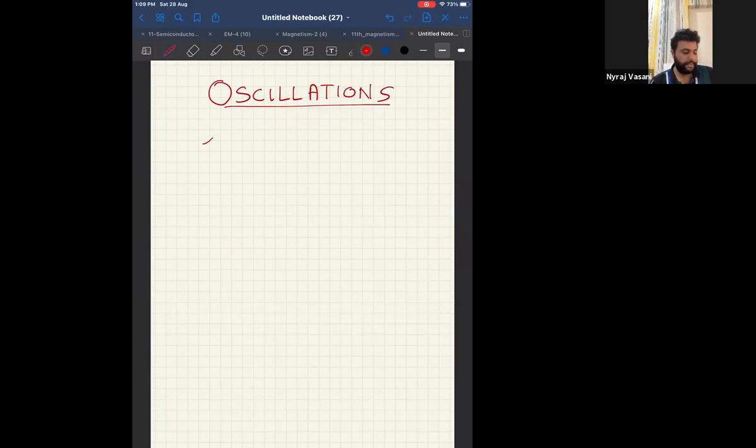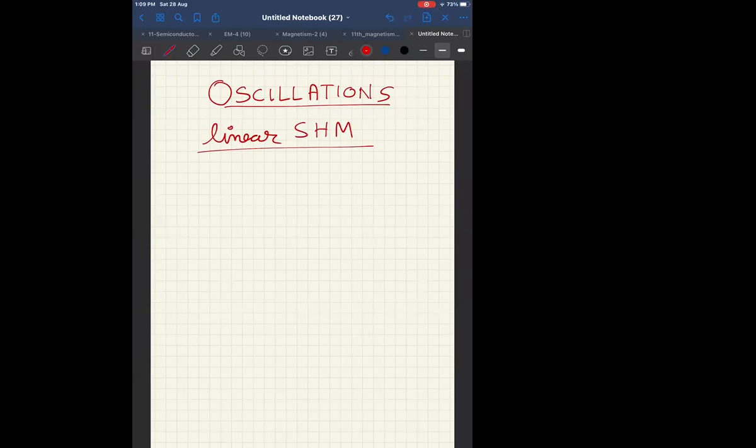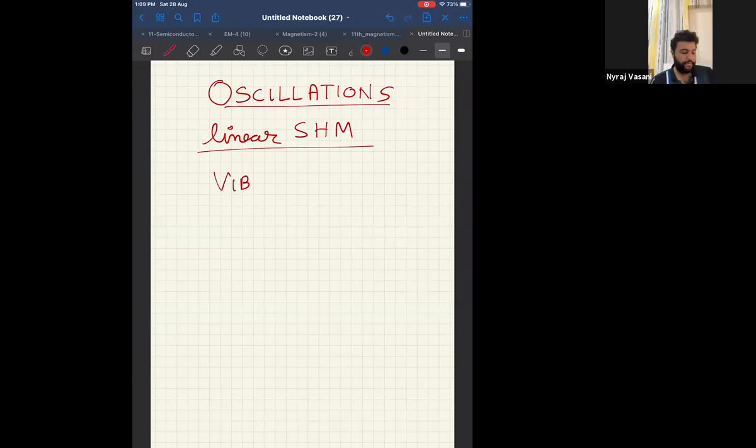Oscillations, or sometimes it is called linear SHM, that is simple harmonic motion, or it is called vibratory motion, or it is called to and fro motion.